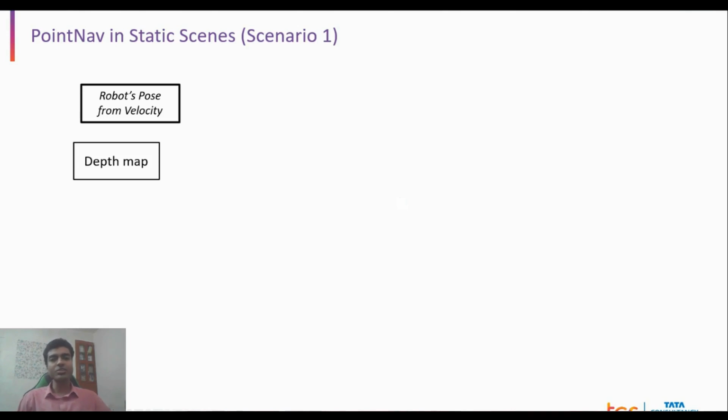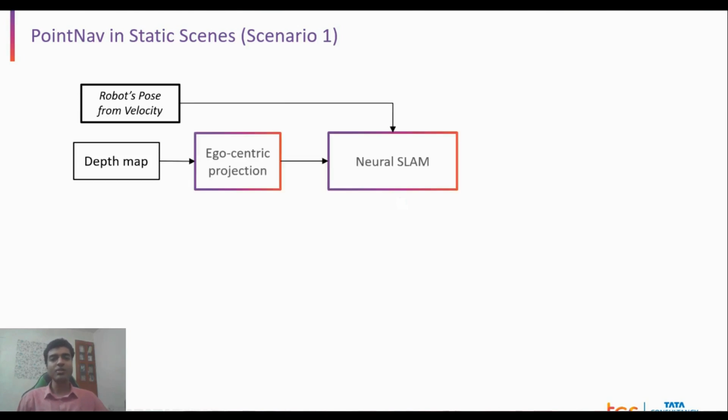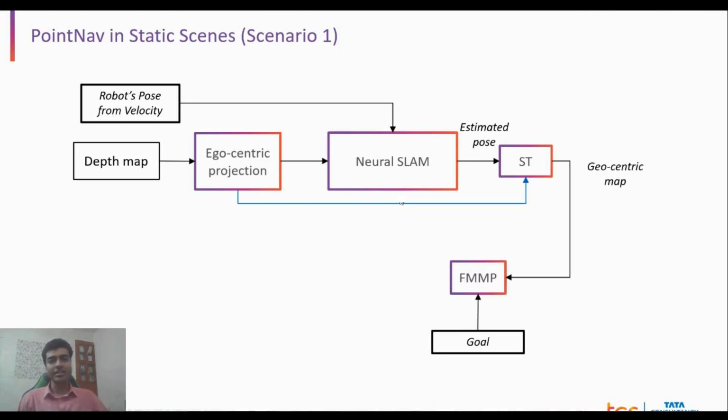Now, starting with these two things, the depth map and the robot's velocity and its pose, we feed the depth map into an egocentric projection, made by flattening it along the z-axis. And similarly, we feed this egocentric projection and the robot's pose to the neural SLAM module, and we get back the estimated pose that we use with a spatial transform to find out the geocentric map.